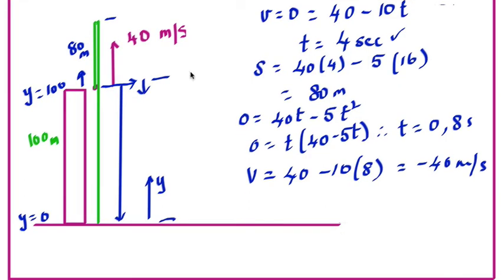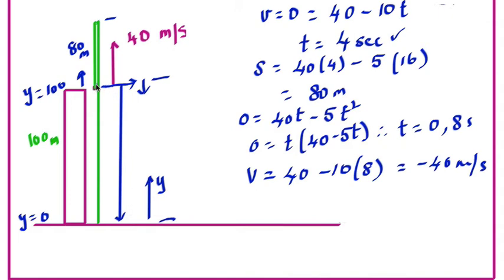So now we are going to calculate for the rest of the journey from the top of the tower on its way back, when its velocity is minus 40, all the way down to the bottom. Let's find the time it takes. Once again, let me repeat this, something which I've said many times before: many students tend to think that v is the final velocity, meaning when the motion ends, and u is the initial velocity when it starts.